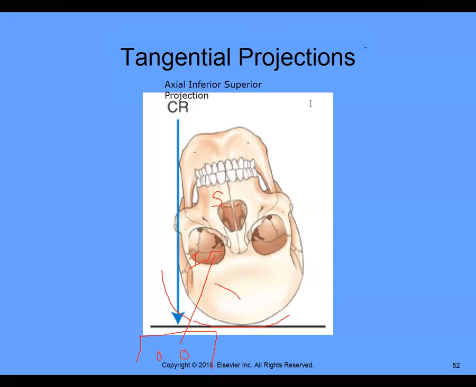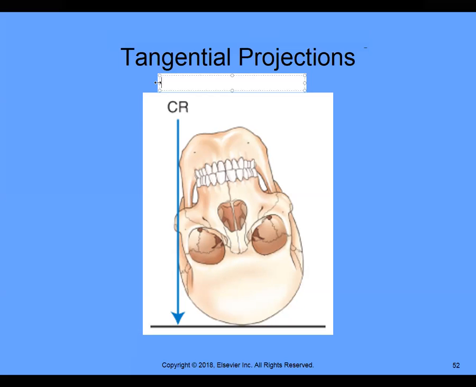This next projection is called a tangential projection. And a tangential projection, I'm going to type it on here, is going to mean touching a curve or surface at only one point.